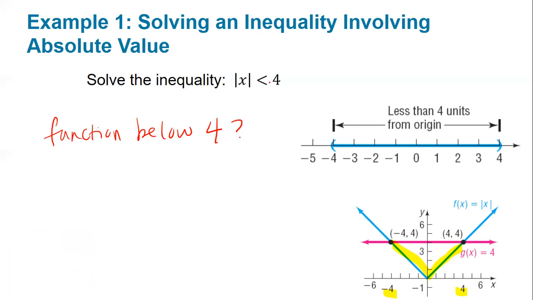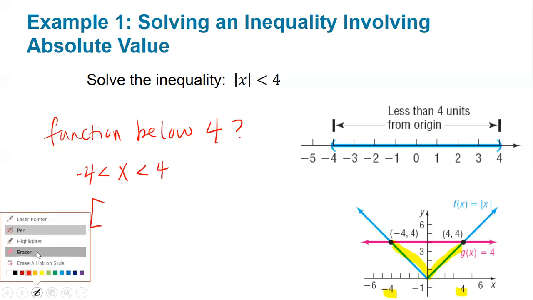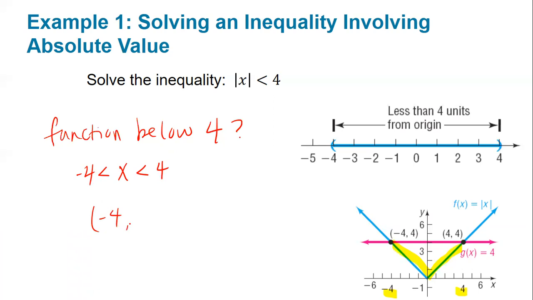Okay, so your answer can be written as an inequality where x is in the middle, -4 to 4, or it could be written as an interval from -4 to 4, and that would be your solution.